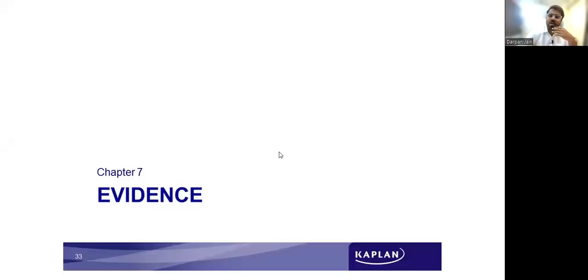So we'll start the evidence chapter, which is one of the most important chapters, and it's very important for you to understand this chapter, because without the understanding of this chapter, you will not be able to understand the procedures chapter. Procedures is a very important chapter, and it is entirely based upon this chapter.